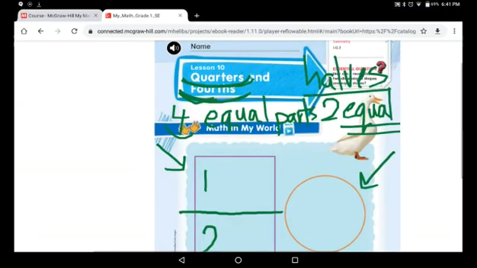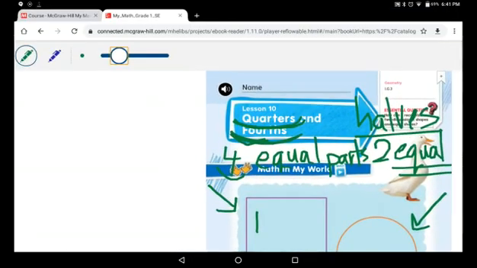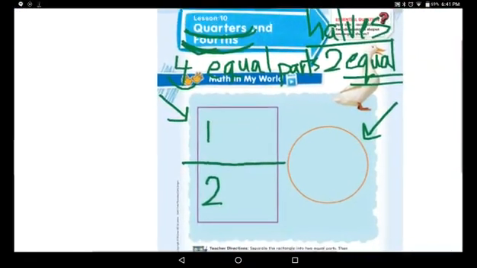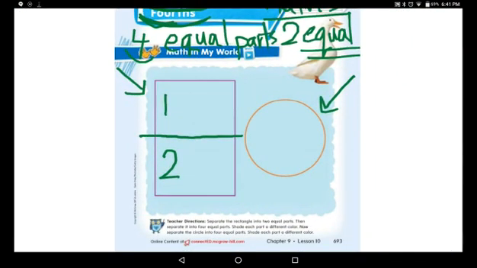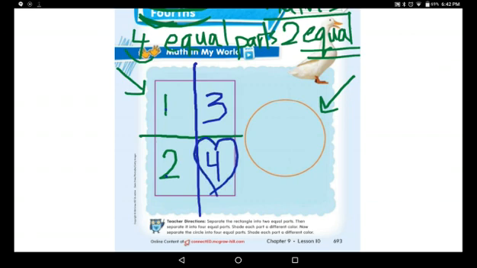So, with me, guys, hold your ruler again and draw a big line from up to down. Now, can you count the parts? This is 1, this is 2, this is 3, and the last part is 4. So today is about 4 equal parts.